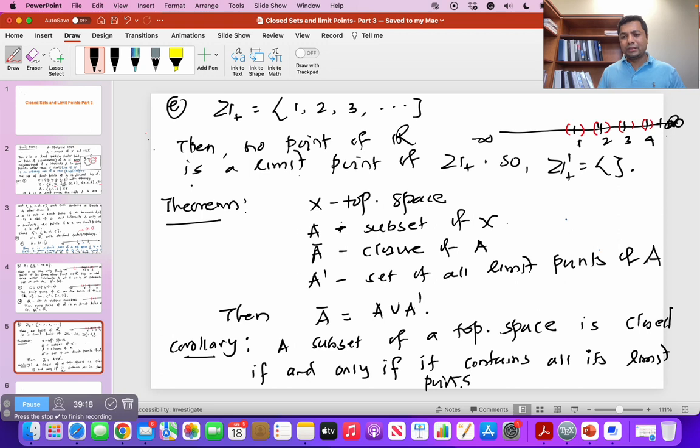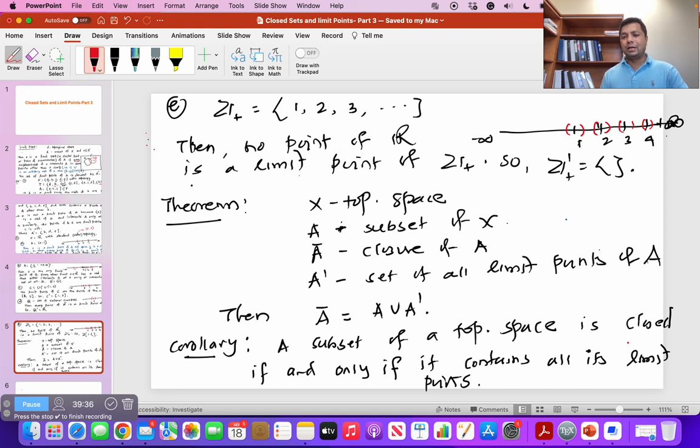You can see this corollary gives us the relation between a closed subset of a topological space and its limit points. If your subset is closed, then it contains all its limit points.